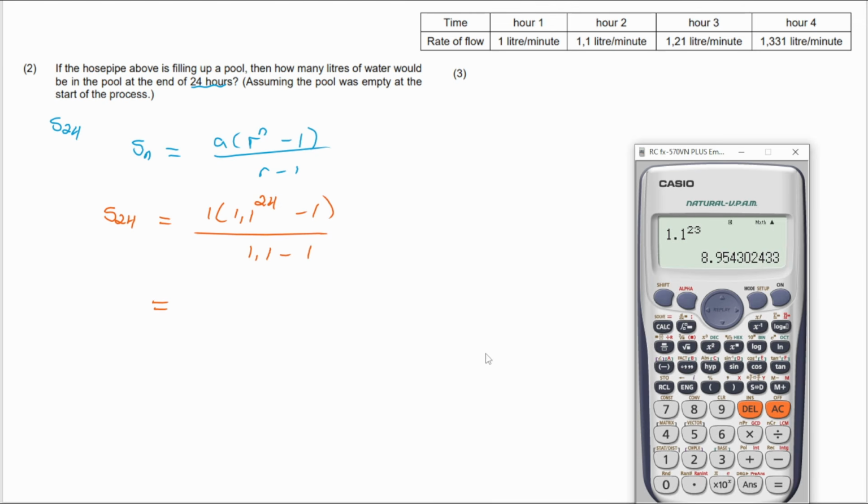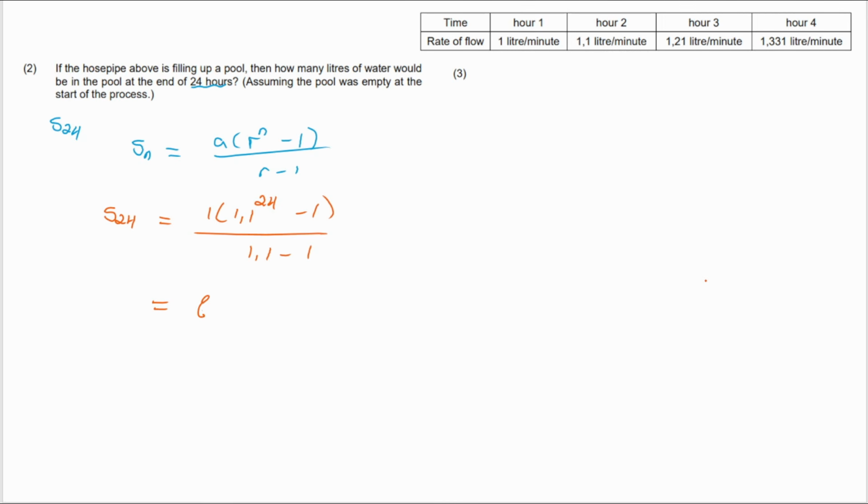Now we just plug this into the calculator. I'm just going to use 1.1 as my answer. So we get it to the power of 24, minus 1, over it minus 1. To one decimal place, that gives us 88.5 liters. That is how many liters will be in the pool.